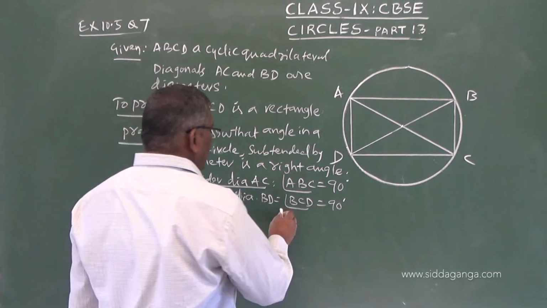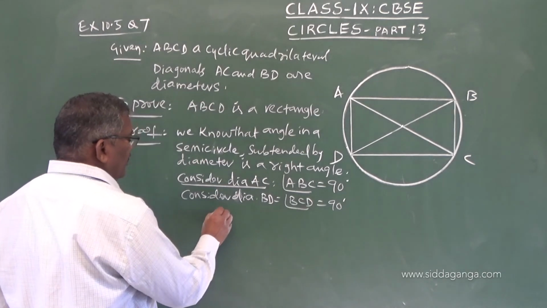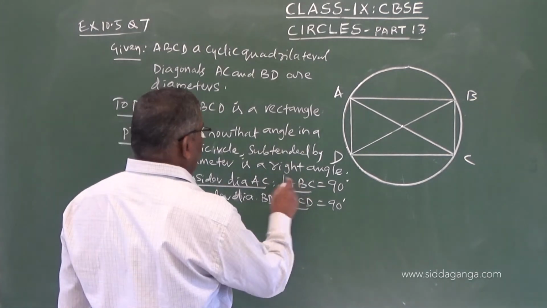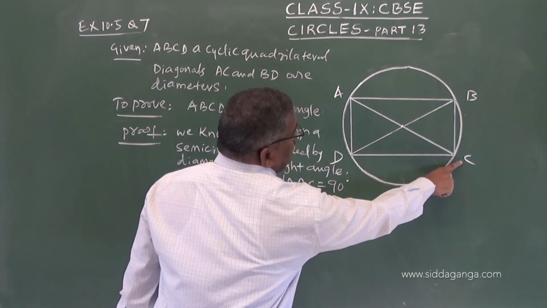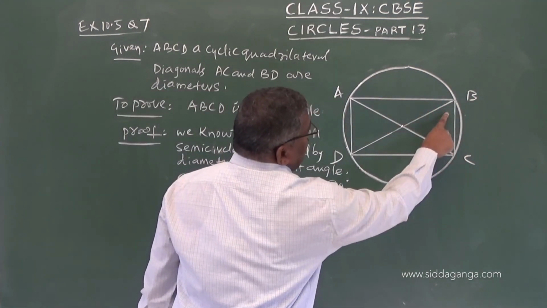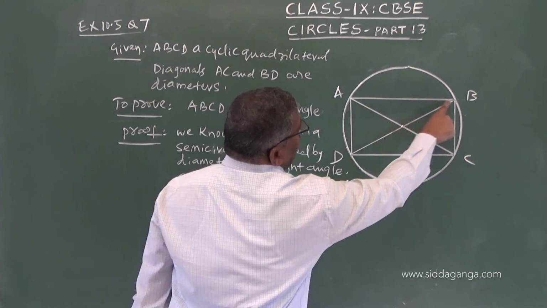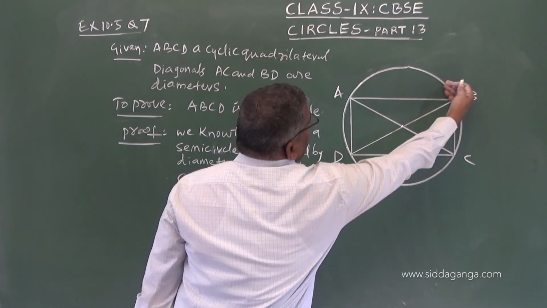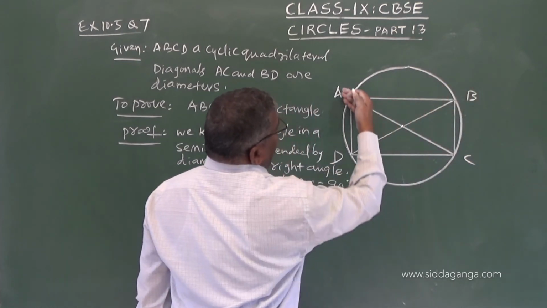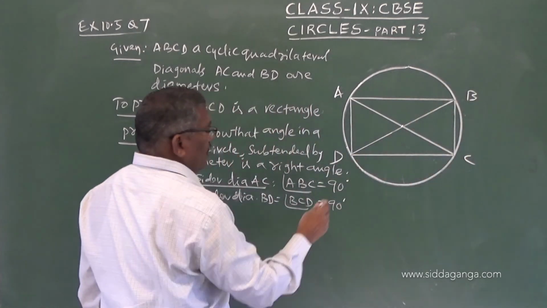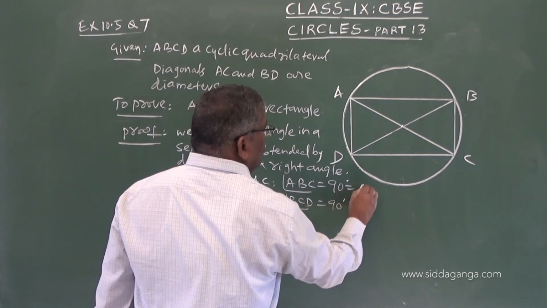So similarly, when you consider AC as diameter, ABC is 90 degree, this is the angle subtended in this semicircle, and ADC is also 90 degree.